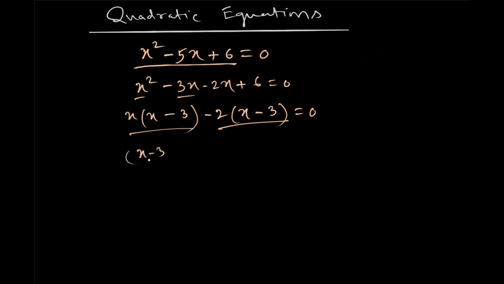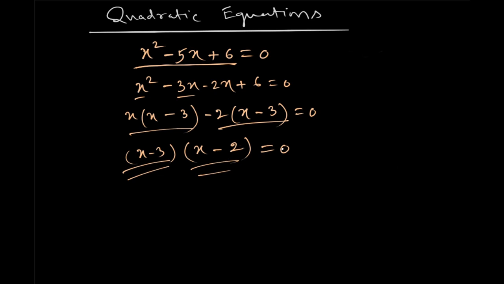Taking x minus 3 common, from this we get x, and from this term minus 2, that is equal to 0. So these are the two factors of this polynomial. If you multiply these two by simple algebraic multiplication, you will get the original polynomial.